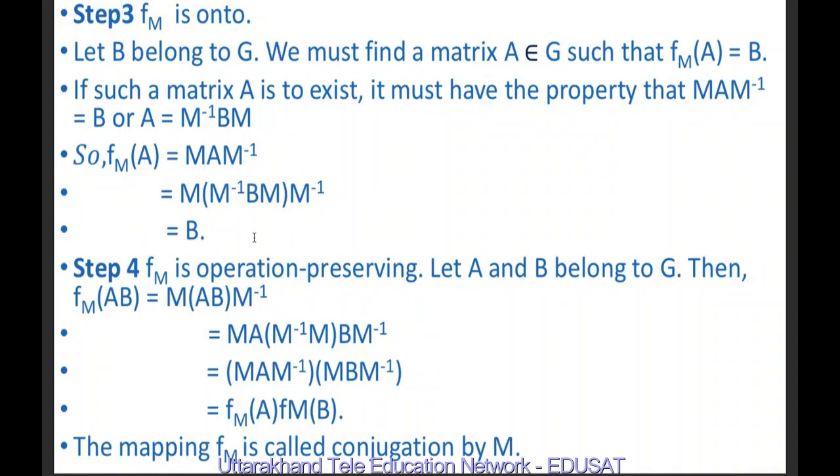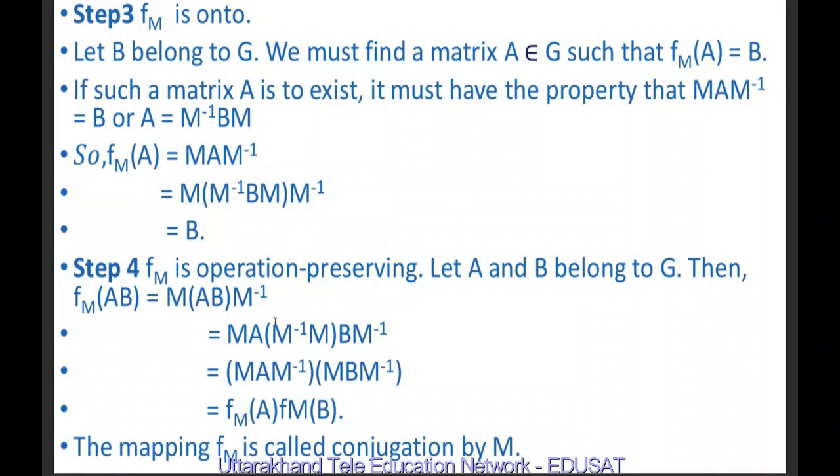Now we will show that FM is operation preserving. Let A and B belong to G. Then FM(AB) is equal to MAB M inverse. We can write it as MA, using associativity, and BM inverse.